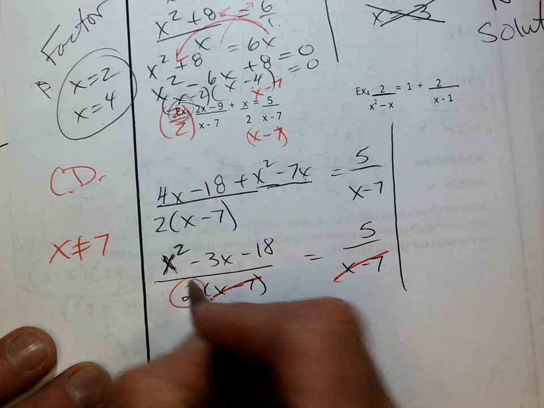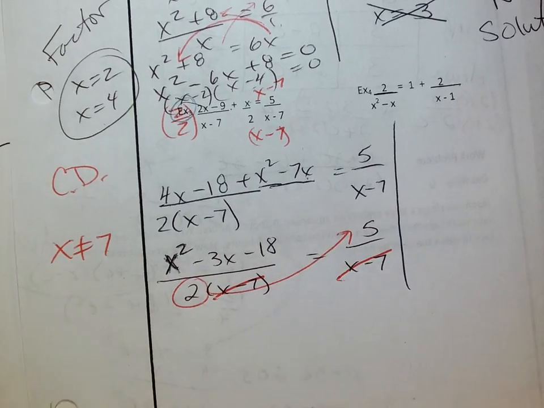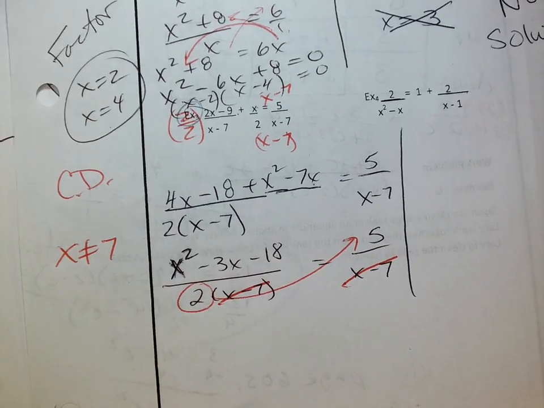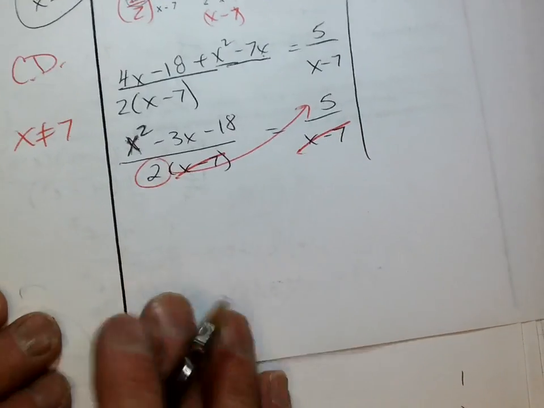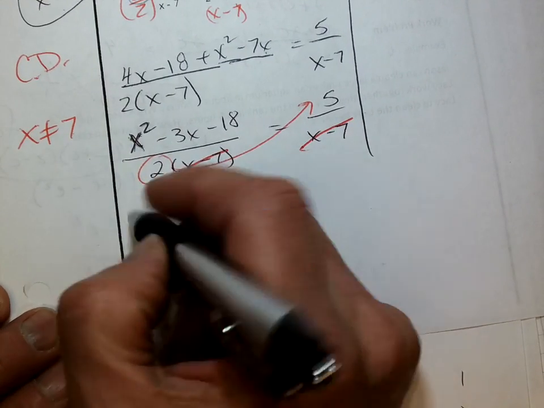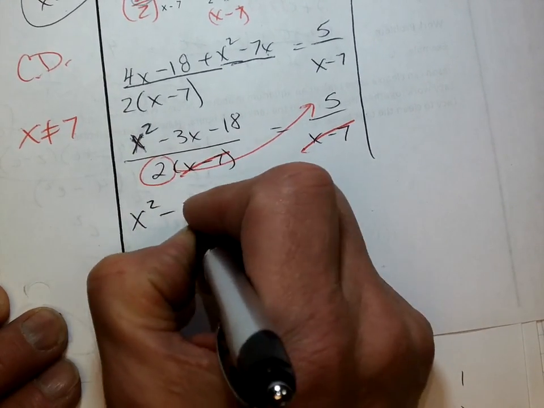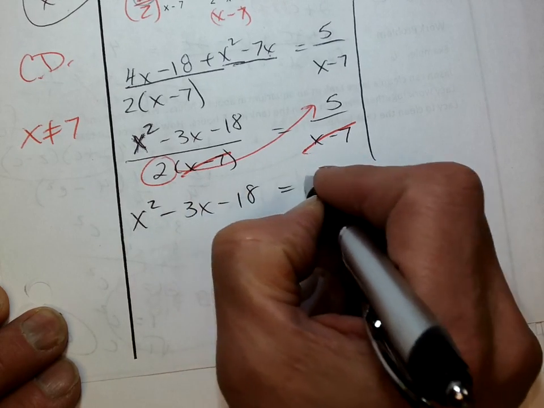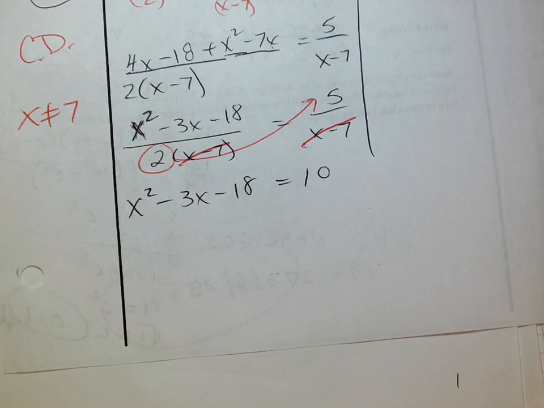If I were to now cross multiply, you okay with that? I'm going to have x squared minus 3x minus 18 equals 10.